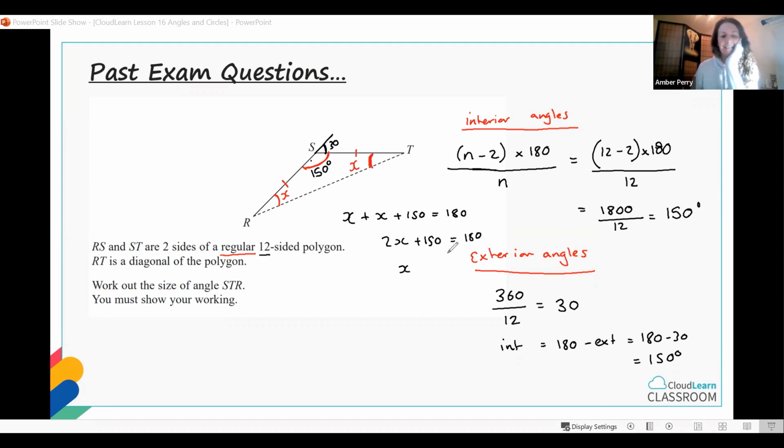So 2x is going to be equal to 180 minus 150, which is 30. I should have put 2x there, shouldn't I? And then x is going to be equal to 30 divided by 2, which is 15. So 180 minus 150 divided by 2.